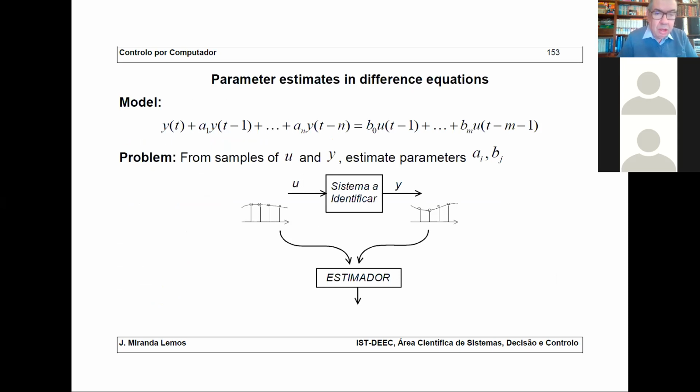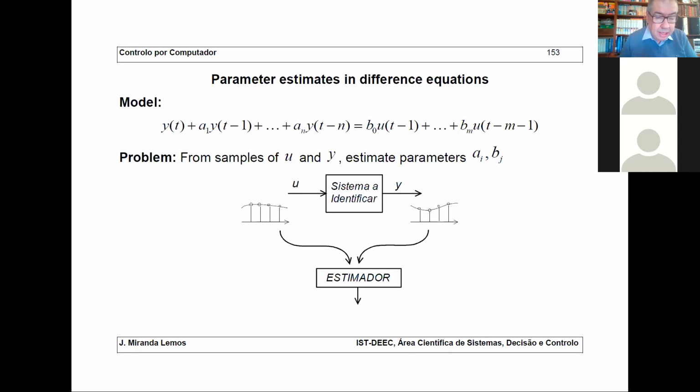So I want to model a system defined by a difference equation. Imagine that I have this difference equation that you see here that relates the input of a system U with the output of the system Y. And I observed a series of numbers taken at even intervals of time.